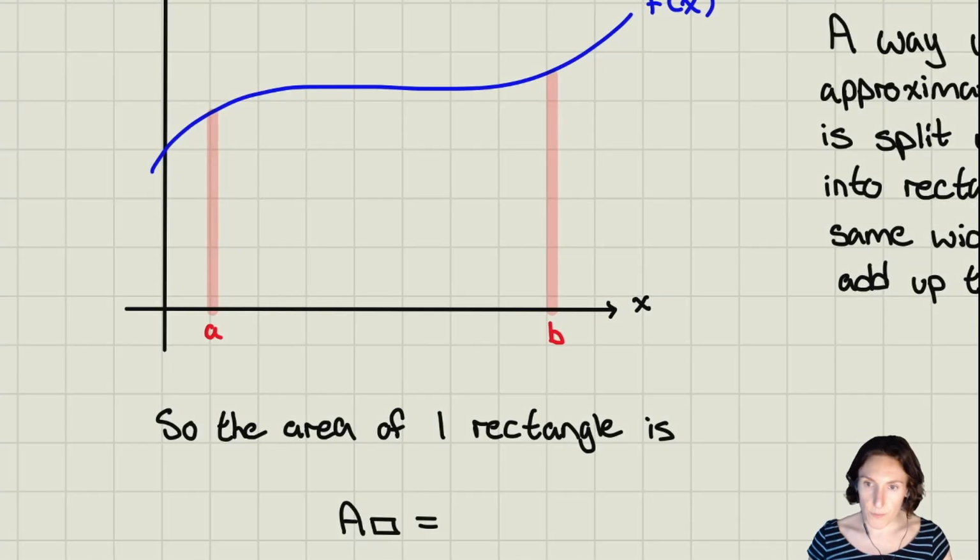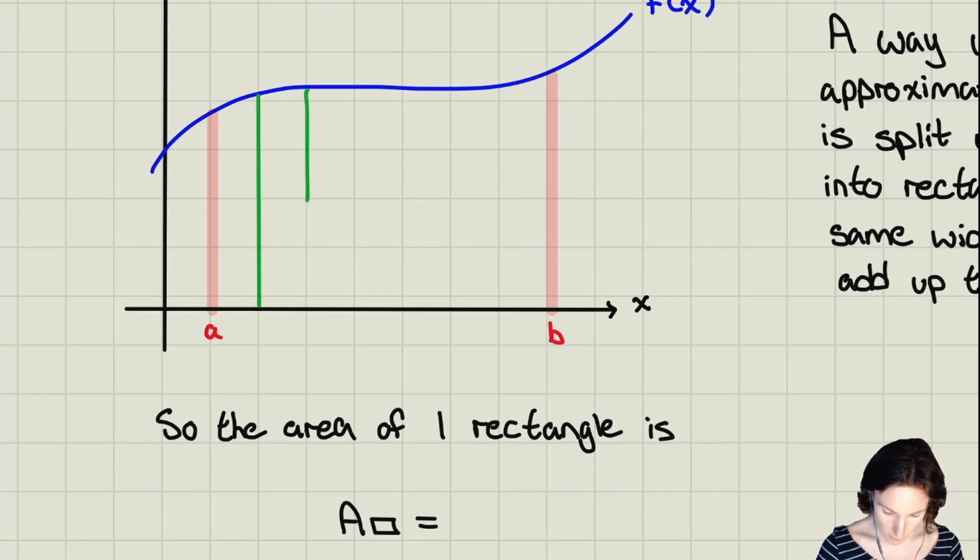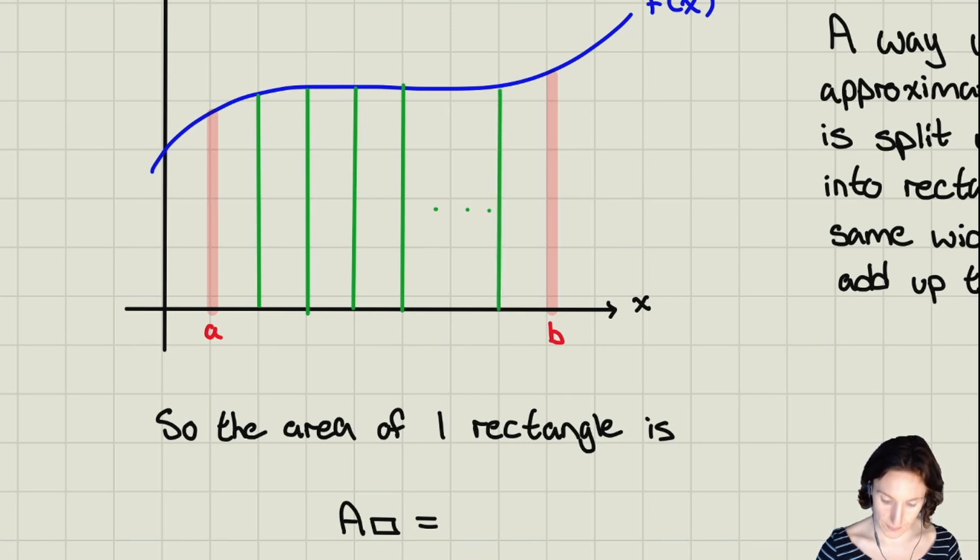So what we do is we split up this region between A and B into rectangles of the same width. I'm going to have a rectangle here, one here, one here, and I'm going to keep going, and do n many of these. So this will be the last one. I have A to B, and sometimes we call A x naught, the starting point.